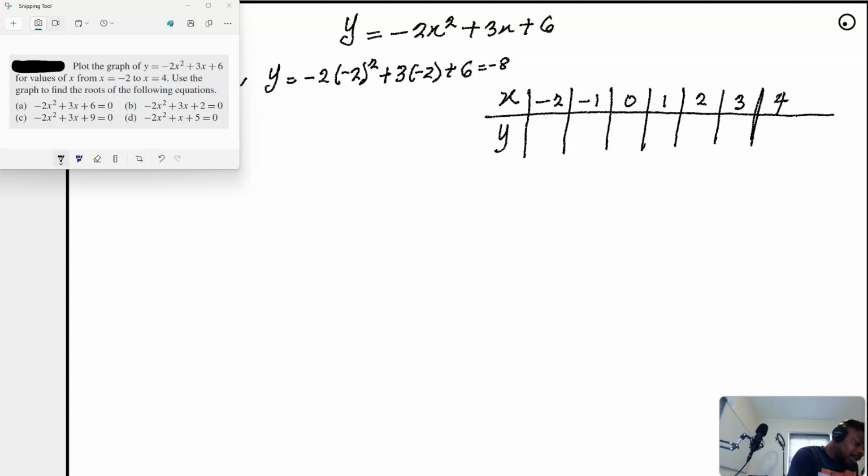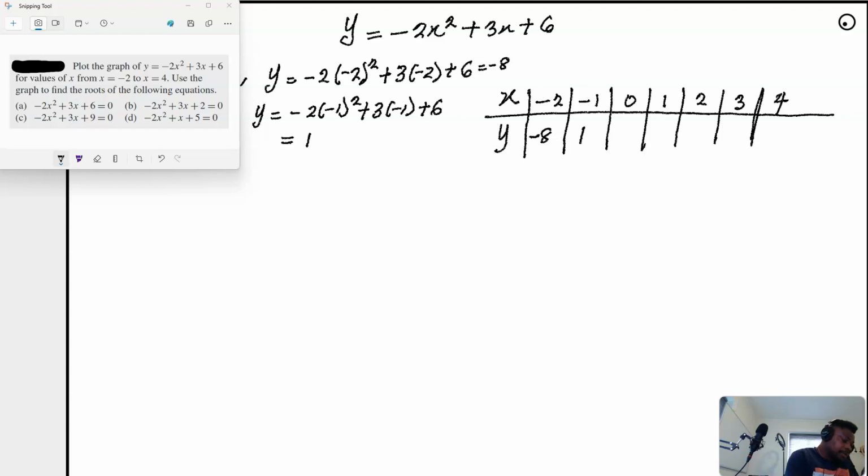So this is minus 8. So when x is equal to minus 1, so I use minus 1 now. Minus 1. So that will be 1.